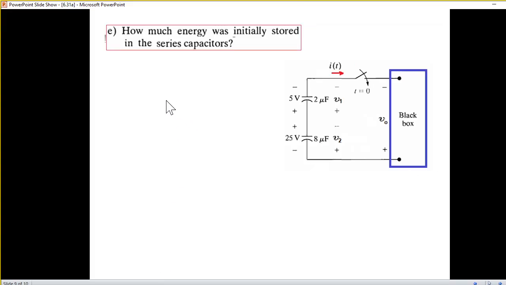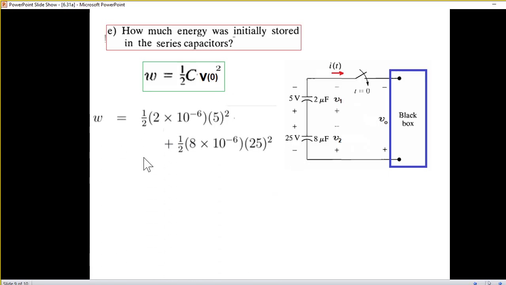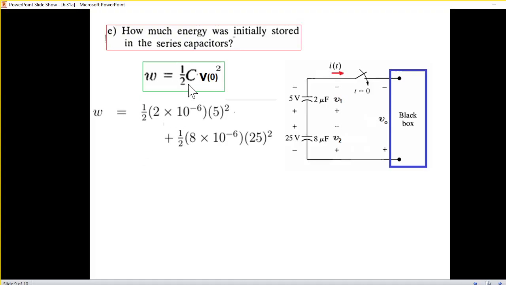Okay, coming to question E, how much energy was initially stored in the series capacitor? So energy stored will be calculated for each capacitor separately. We'll use this formula because these are the DC values. And just plugging in the values, C here is 2 micro, and the voltage was 5, so 5 squared.